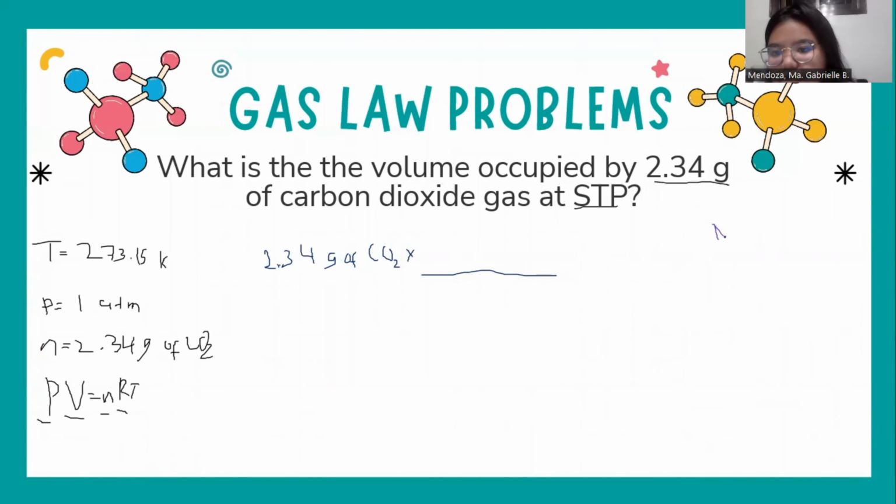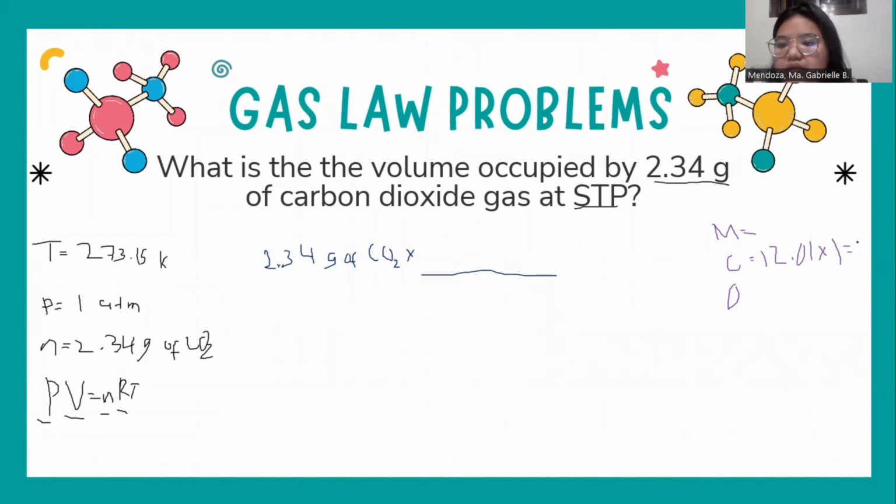So, molar mass. C and O. The molecular weight of carbon is 12.01 times 1. Why times 1? Because in CO2, there is only one carbon atom.